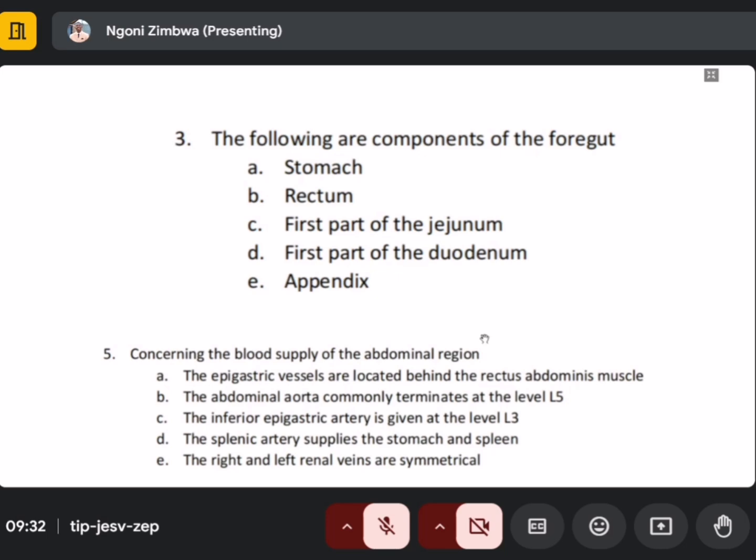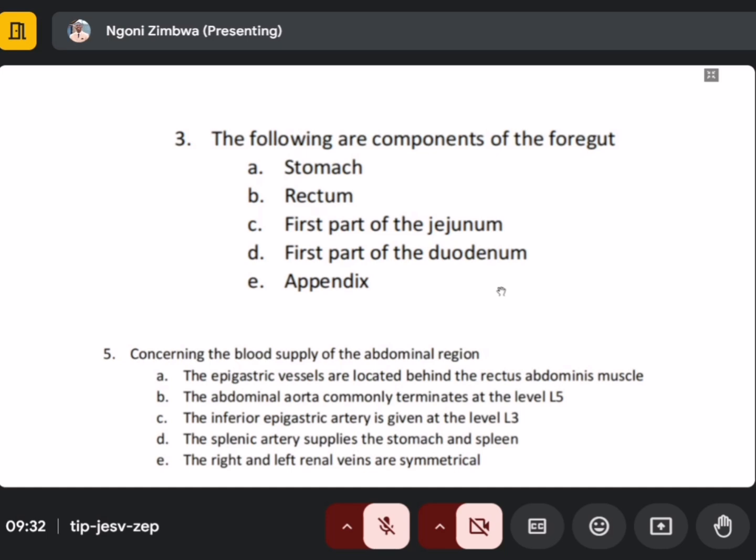At that point, that's where we actually divide the duodenum into two. The area that is above the major duodenal papilla will actually come from the foregut. The area that is below the major duodenal papilla will actually come from the midgut. So the first part of the duodenum is actually a part of the foregut.